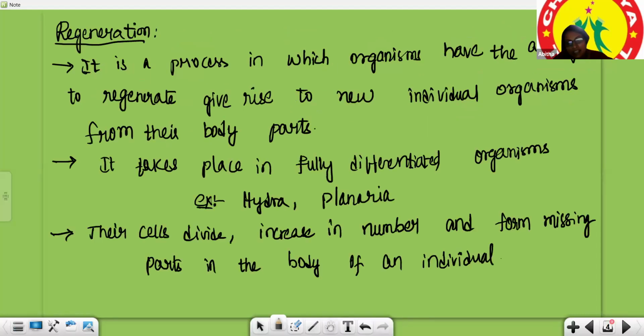The next process we have seen is regeneration. Regeneration is the process in which organisms have the ability to regenerate an entire organism from their body parts. It takes place in fully differentiated organisms like Hydra and Planaria. Whatever body parts are removed, the cells undergo cell division, increase in number and form the missing parts in the body of an individual.